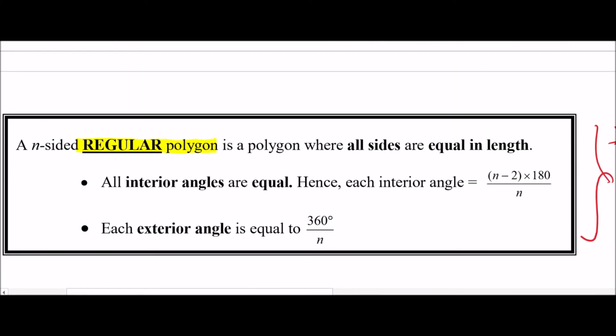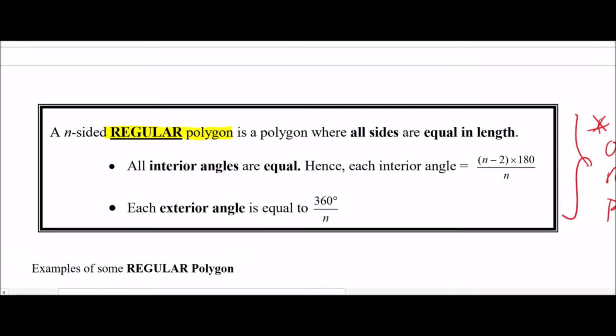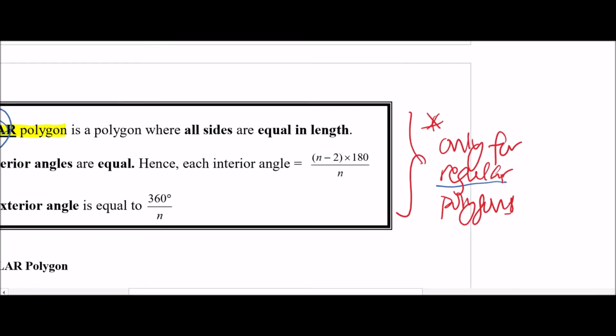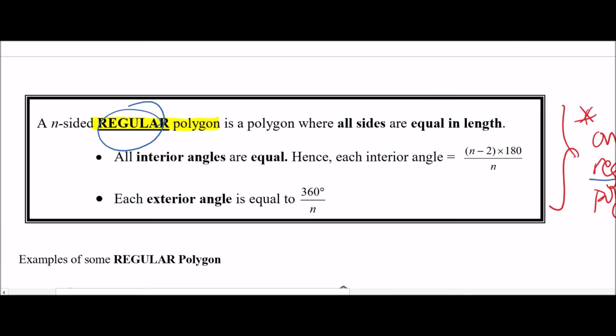However, the next two formulas in the next box only apply for regular polygons. So please take note, only for regular polygons. You do not use it for non-regular. So what does this box say? In an n-sided regular polygon, where all sides are equal in length, well, this is what a regular polygon means, right?